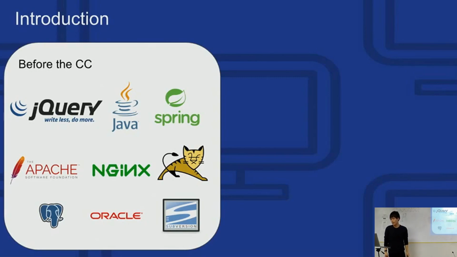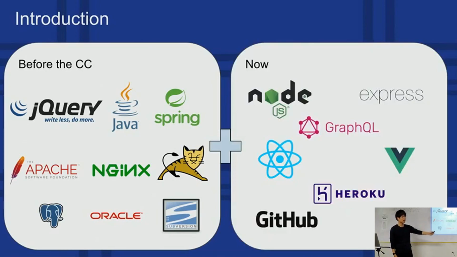So I felt I was behind the trend, and I wanted to learn new technologies. Now I've joined Code Chrysalis, and I can use modern technologies such as Node.js, Express, GraphQL, React, Vue, Heroku, and so on. So now I'm sure I'll be a full stack engineer.